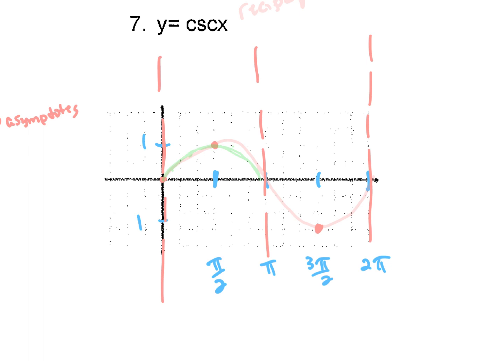It would be like 1/4, 1/3, 1/2, right? If we take the reciprocal of 1/4, we get 4. If we take the reciprocal of 1/3, we get 3. If we take the reciprocal of 1/2, we get 2.